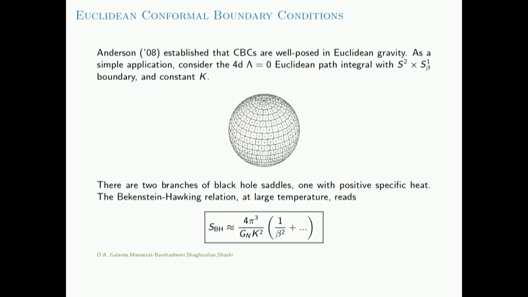And to give you an example of how these boundary conditions can affect the kind of quantities we compute in Euclidean signature, imagine that you have lambda equals 0 general relativity with a boundary which is given by a two-sphere times a circle, which is the kind of boundary inside which we put the Euclidean black hole.